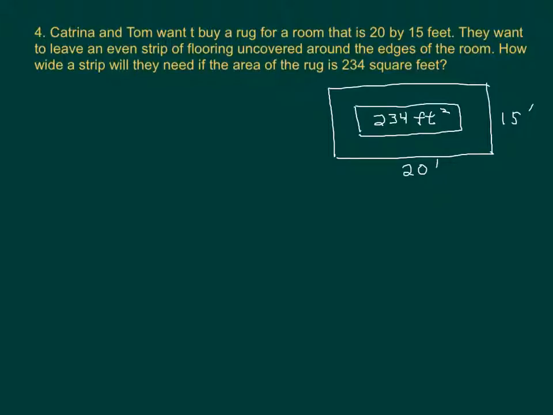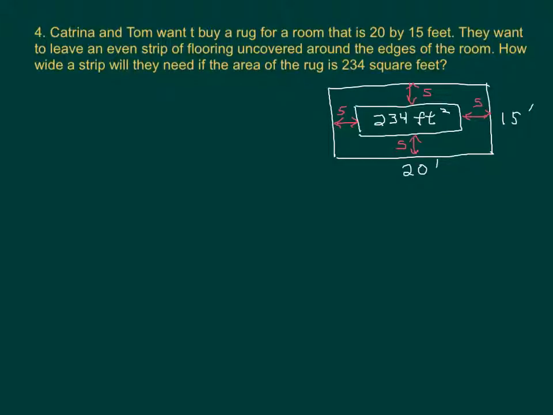And we are to find how wide this little strip of flooring is that is between the room's edge, or the walls, and the new rug. The strip is the same width all around, so we're going to call it a width of S for strip. Then we are going to find the width of that strip.